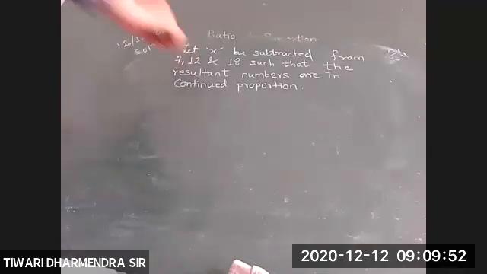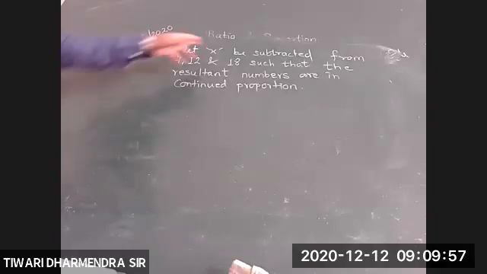Which number should be subtracted from these three such that the resultant numbers are in continued proportion? So I'm saying let x be subtracted.